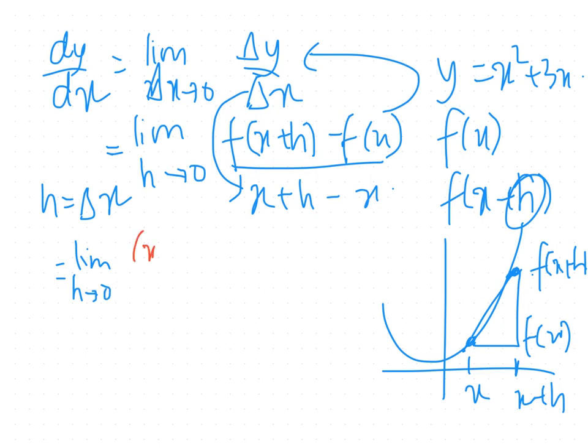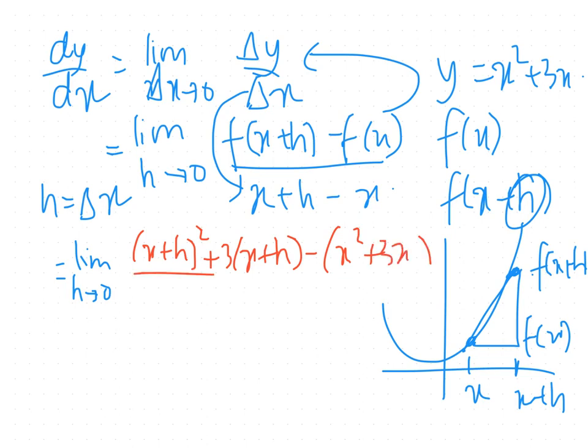It should be the limit as h goes to 0 of x plus h squared plus 3 times x plus h, minus x squared plus 3x. I just plug in the function, and over, because x is gone, this will be just h. So this is what we have. Basically what we are doing with differentiation is calculating the gradient.